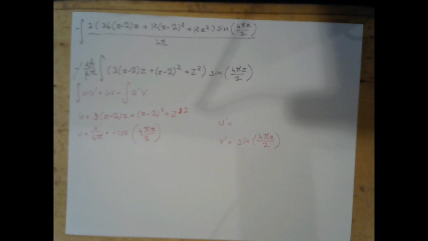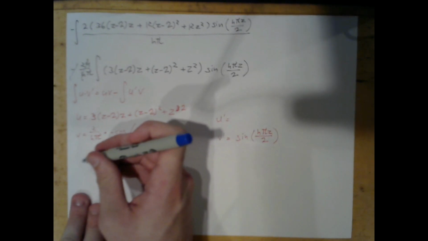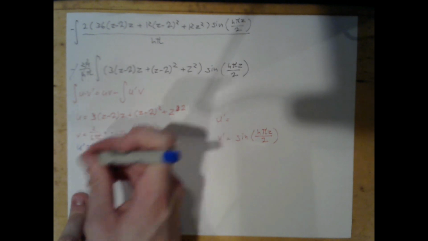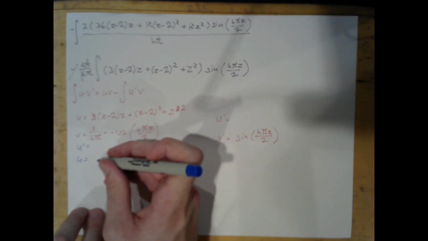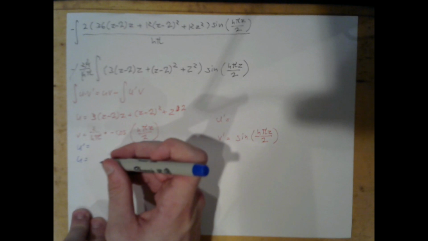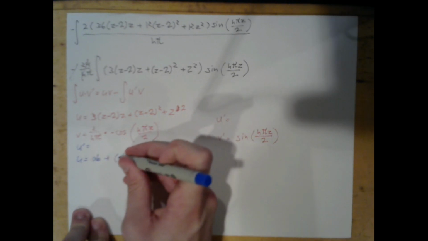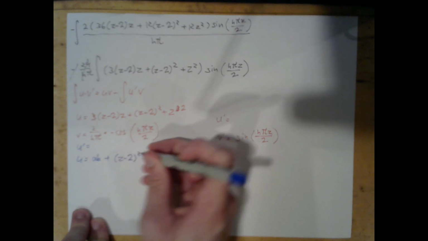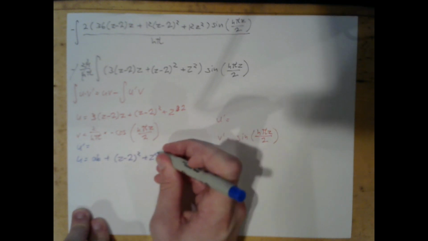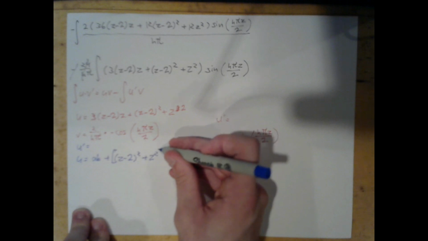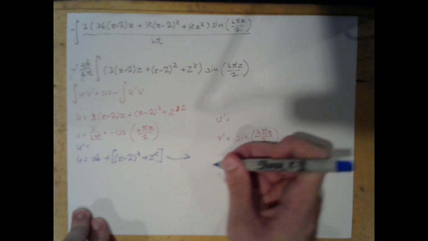So u prime, let's figure it out. Again, we're going to write u prime. Let's define u. So we're going to say u is, for the AB region, z minus 2 squared plus z squared. So again, this region doesn't require a product rule.